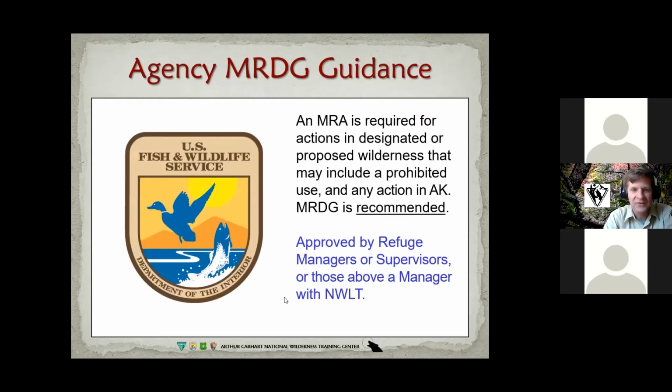So for the Fish and Wildlife Service, by agency policy, they require an MRA to be completed. However, they don't require the use of the MRDG. They recommend its use. And again, approvals at the refuge manager or supervisor's level or those above.